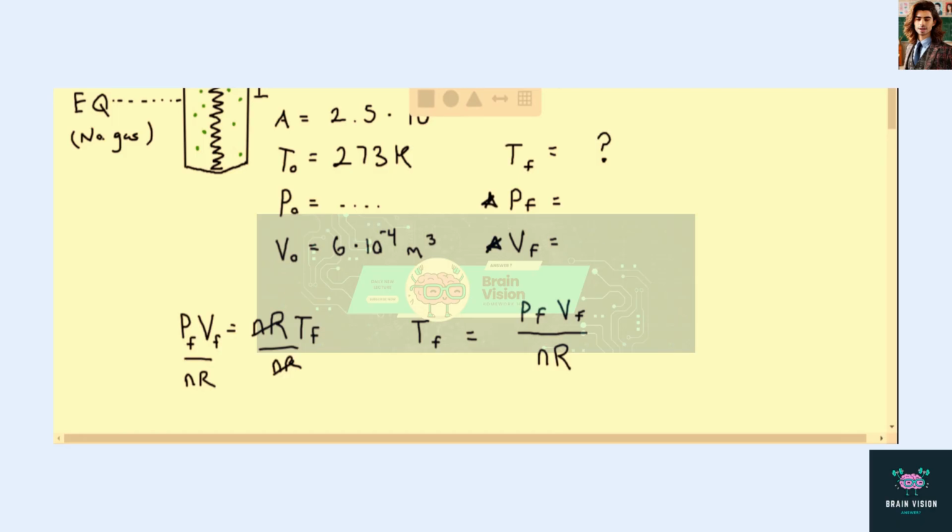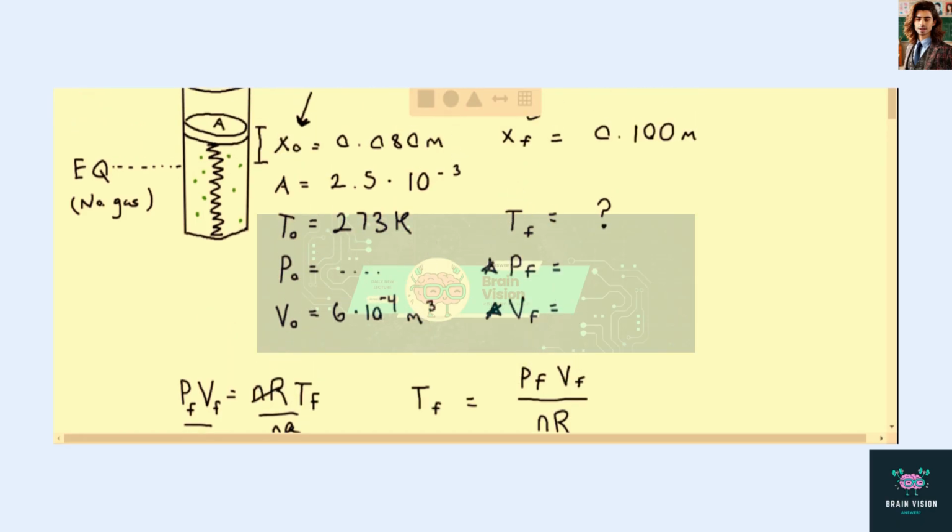For V final, we know what the initial volume is here, and that corresponds to the volume under the piston in this region. So that's V naught.